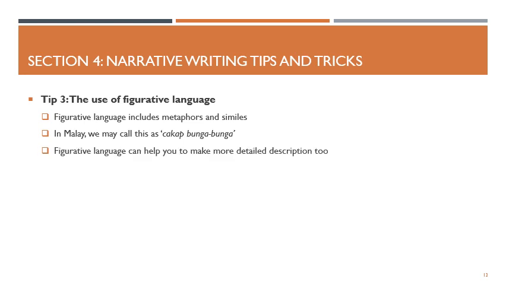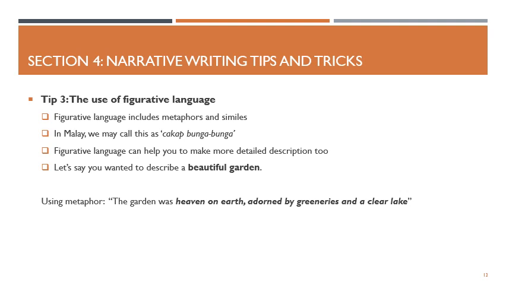So for example, figurative language can help you make a detailed description. Let's say you wanted to describe a beautiful garden. Instead of just saying a beautiful garden, you can say the garden was heaven on earth, adorned by greeneries and a clear lake.